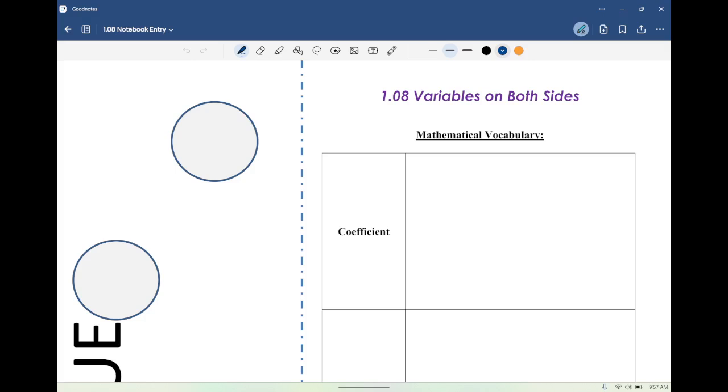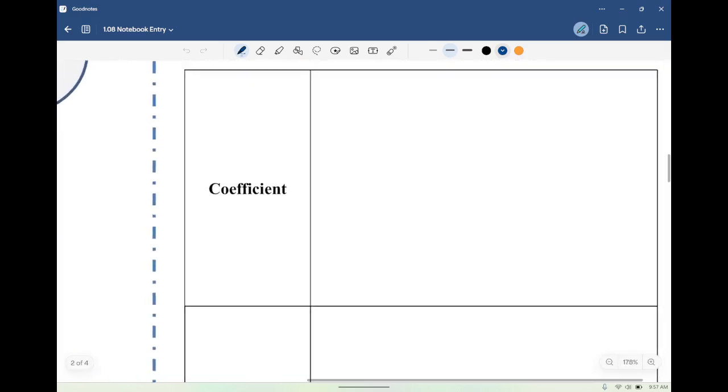Before we do that, though, I really want to stamp two vocab words because they were admittedly a bit iffy last week. The first one is going to be coefficient.